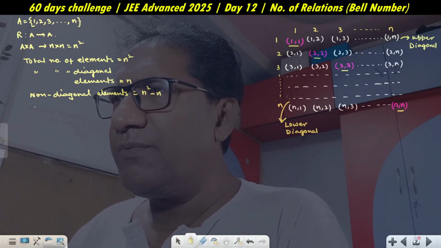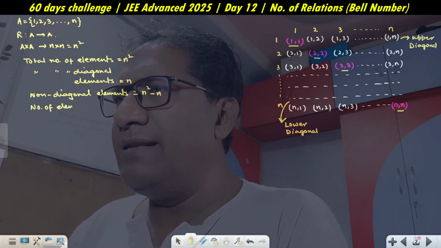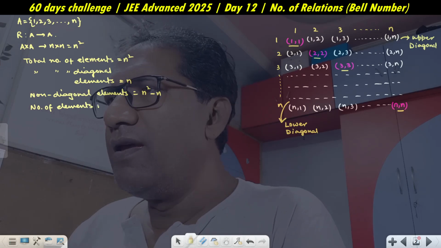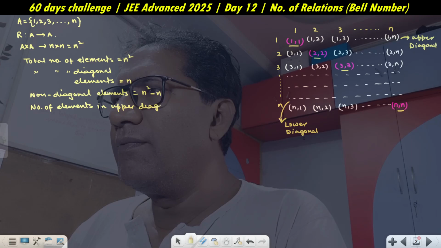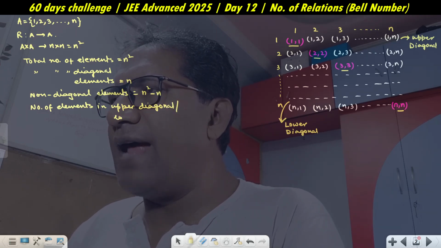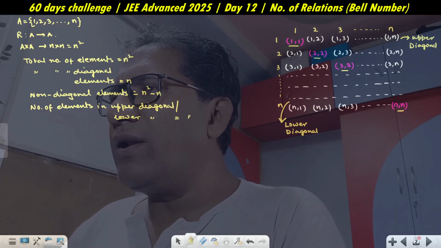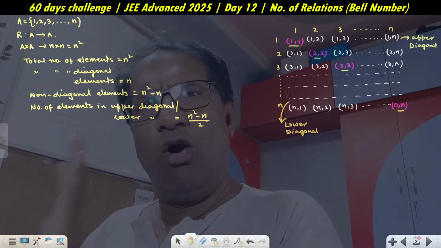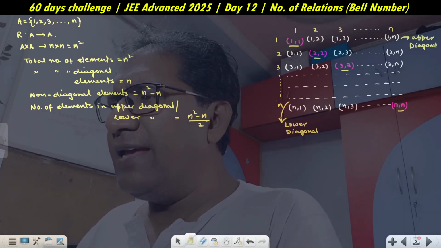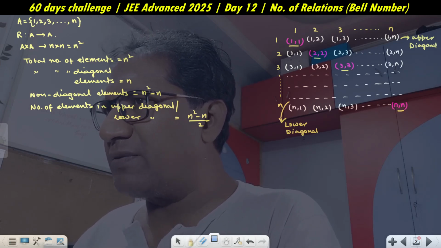It is the number of elements in the upper diagonal, or you can say in the lower diagonal, which is nothing but n square minus n divided by 2. Okay, so this much we have already constructed for this matrix.